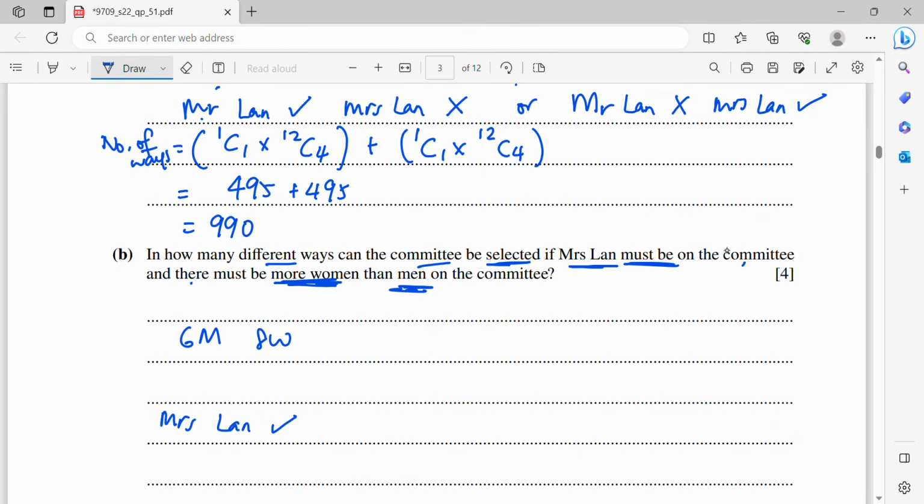So now Mrs. Lan is selected. So this including Mrs. Lan. Alright, so I could say that we choose all the women. Alright, so from here we need to choose 5. So I need to choose another 4 women. Okay, or I have Mrs. Lan, and then I consider 3 women and 1 man.